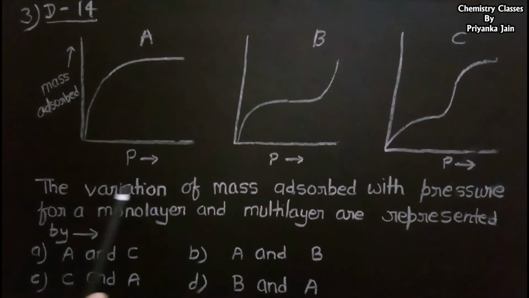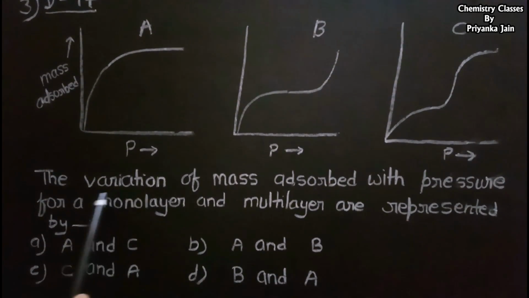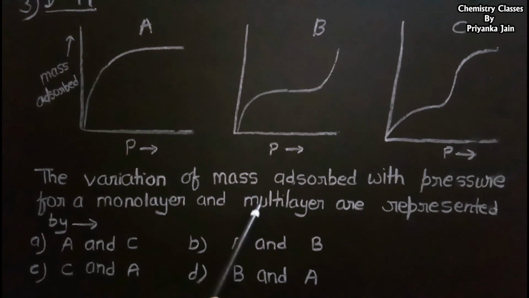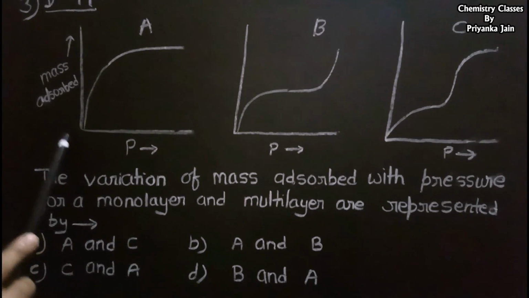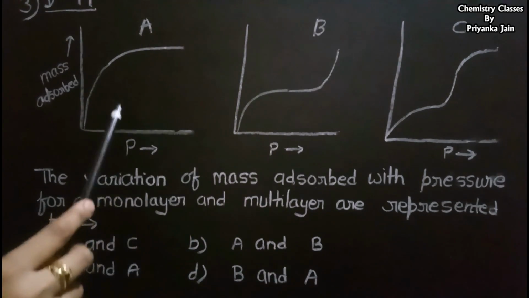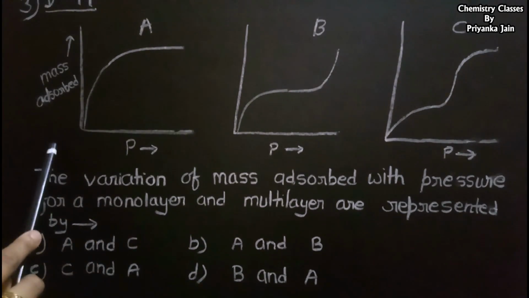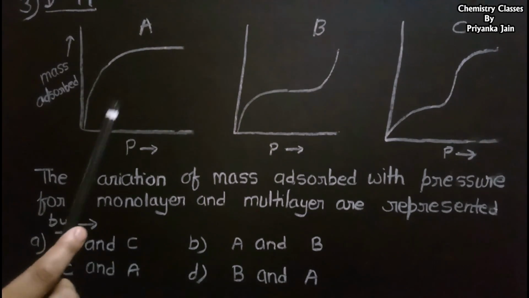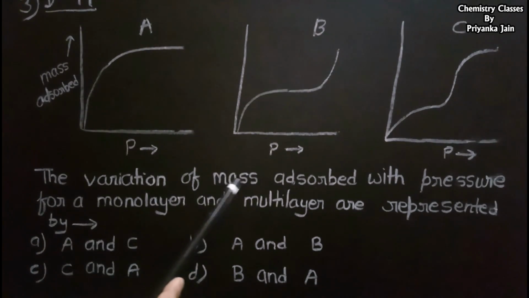Our question is: the variation of the mass adsorbed with the pressure for a monolayer and a multilayer are represented by, and our options are: option A is A and C respectively, option B is A and B respectively, option C is C and A respectively, and option D is B and A respectively.